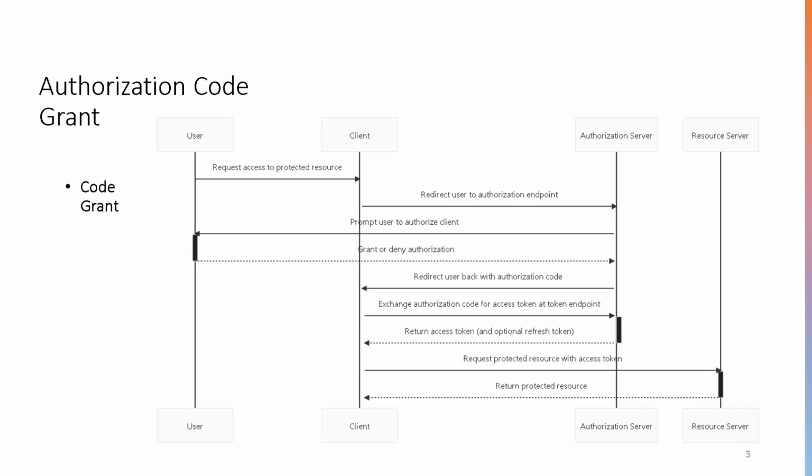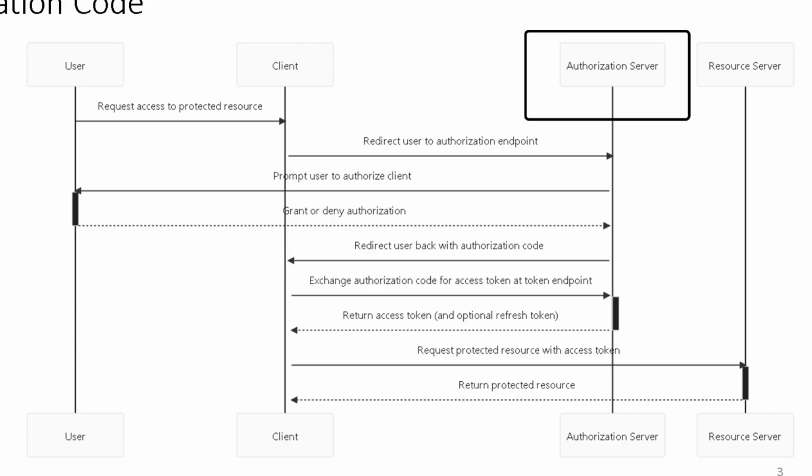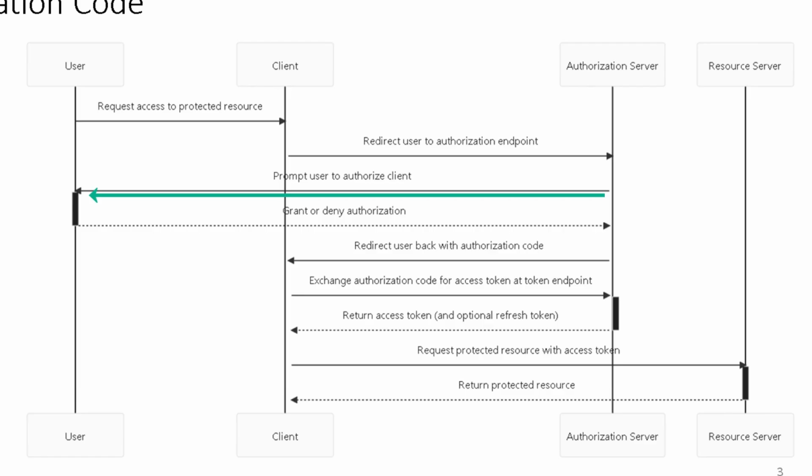It involves a user agent, such as a web browser, that redirects the user to the authorization server. The user gets redirected to the authorization server, where the user can authorize the client application to access the protected resource. Usually this includes asking the user what exactly they would like to authorize for access.